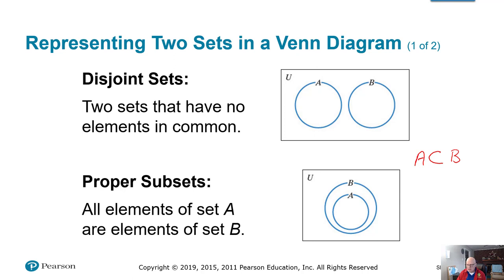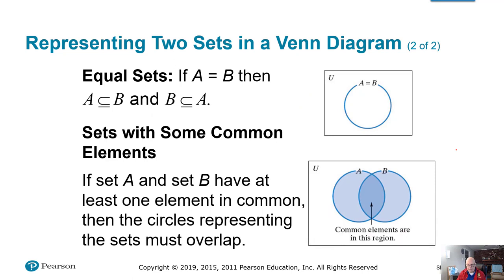But A is a proper subset of B. Of course, equal sets are not proper subsets because there wouldn't be any extras, because they are the same elements.